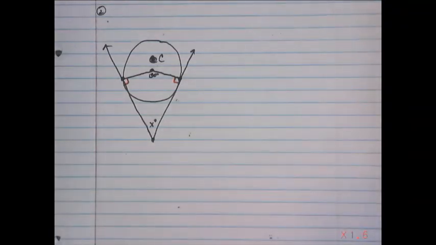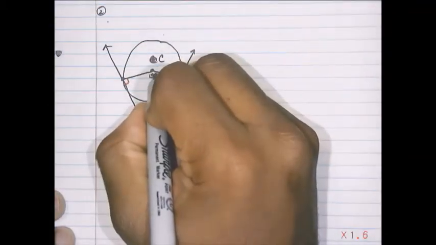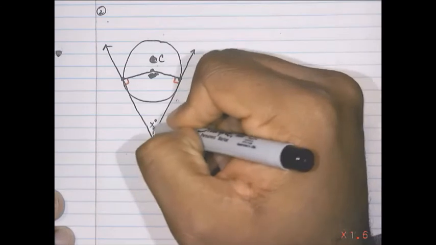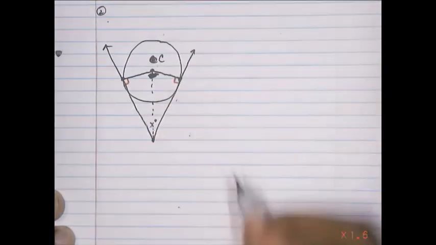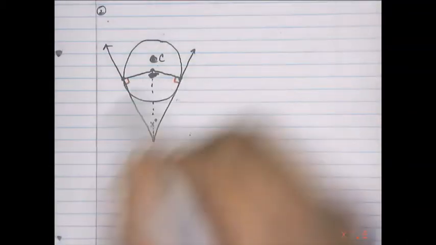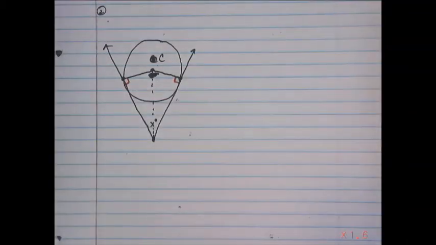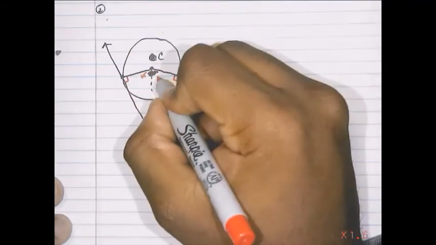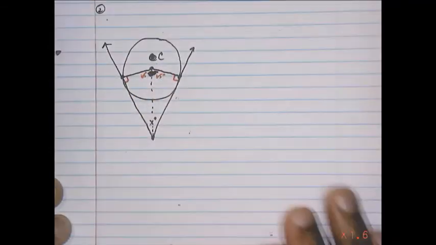So what does that mean? If I'm trying to figure this out, I need to cut this up into two right triangles, meaning I'm cutting this 130 degrees in half. It's still 130 degrees total, but now in the two separate triangles, it's 65 over here and 65 over here.